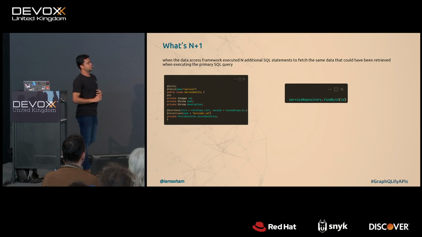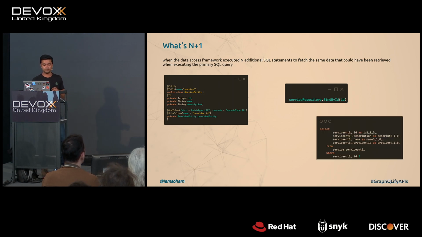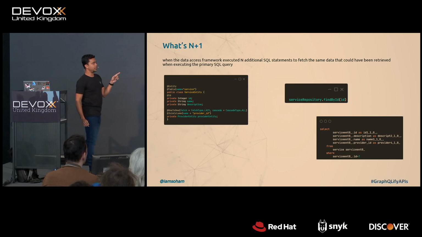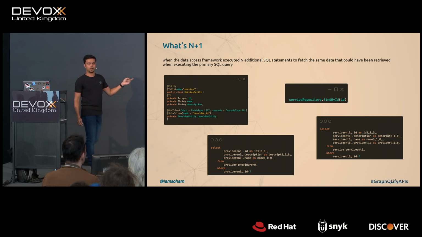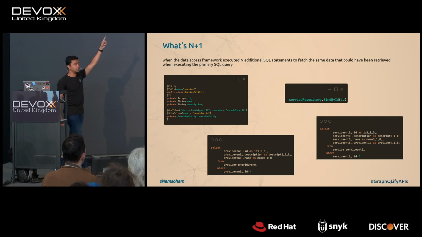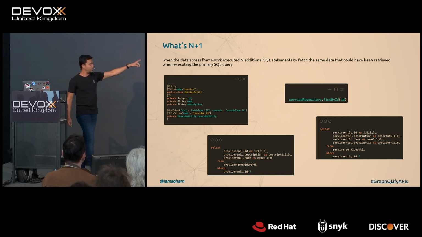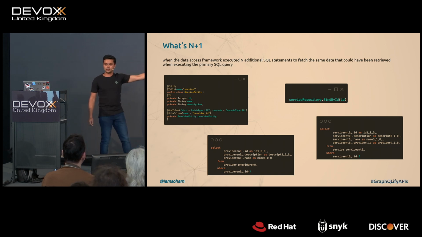If you do a service repository find by ID and you are not handling this properly, not only will it fire a query which selects the service, but for every service it will also fire a query to retrieve a provider. Hence the name n+1. If you have n number of services, you have n queries being fired for provider and one query for all the services.